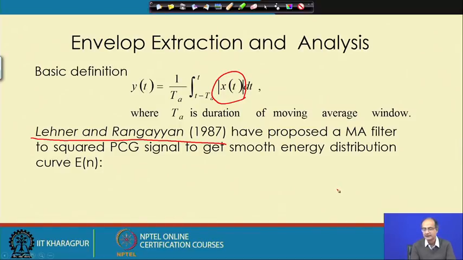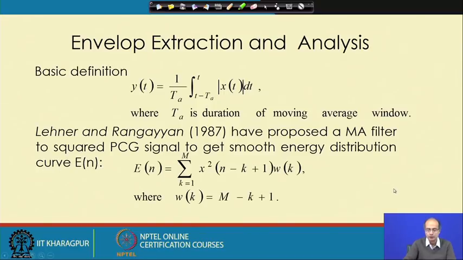So, what is suggested is that we should take an MA filter for averaging, and to make it positive for the PCG signal, we should take the square. So, we should take an MA filter on the squared value of our PCG signal. That was the suggestion proposed by Lehner and Rangayyan.